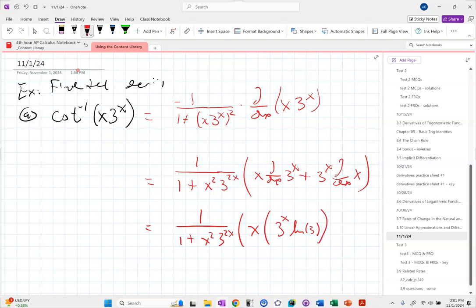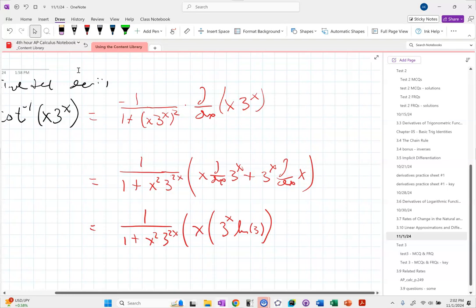Again, I'm just trying to illustrate to you that these derivative rules are all going to be mashed together in one single problem, right? Everybody's okay? So again, the rule is just a to the x ln a. And then the derivative of x is just 1.